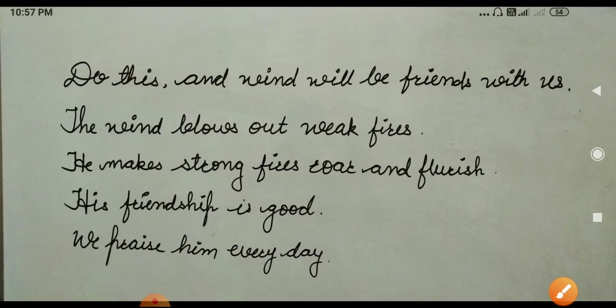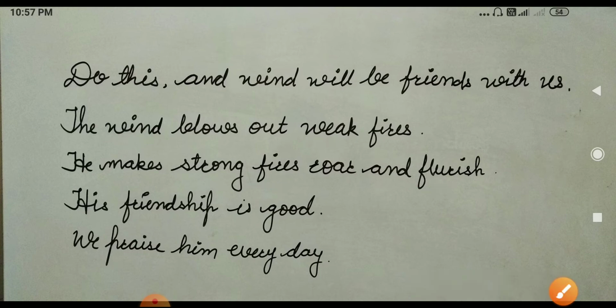Again in the next line you can see the sound repeated through wind and wick, then the f sound through fire and flourish. With a close connection they are repeated. So these lines are suggesting the figure of speech, that is alliteration.